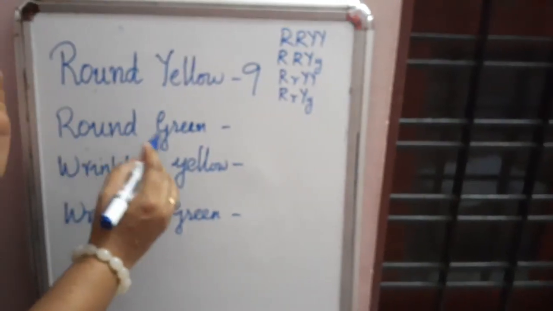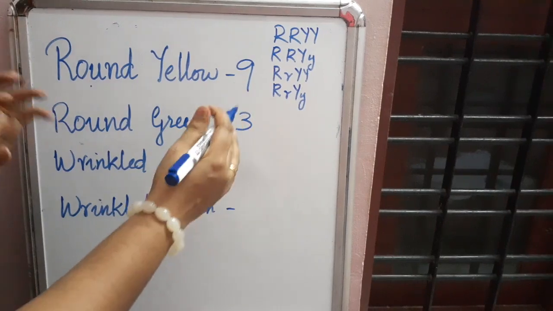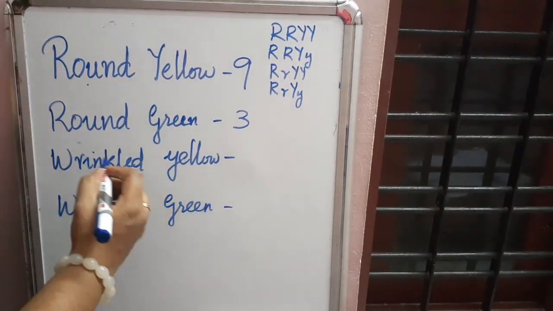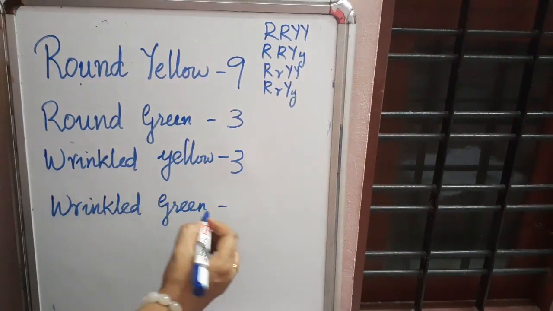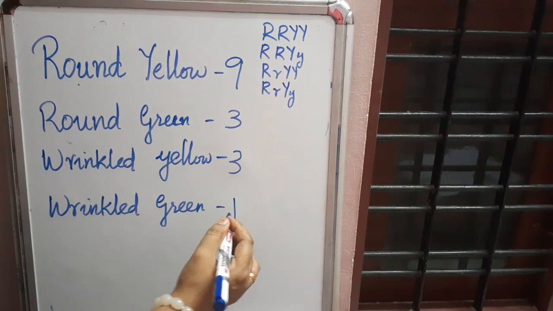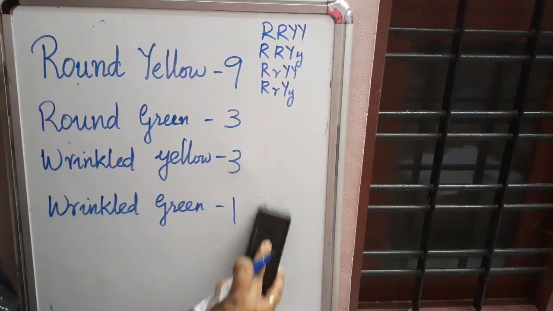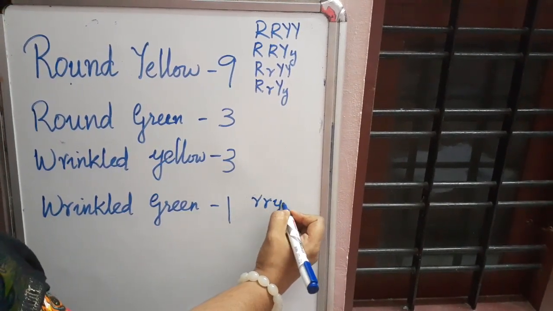Okay, then we will get round green plants. Round green plants will be 3, that you have to see in your checkerboard and find out which types we can see. And the wrinkled yellow will be 3, and wrinkled green will be 1. Wrinkled green means pure, like small y, small y.